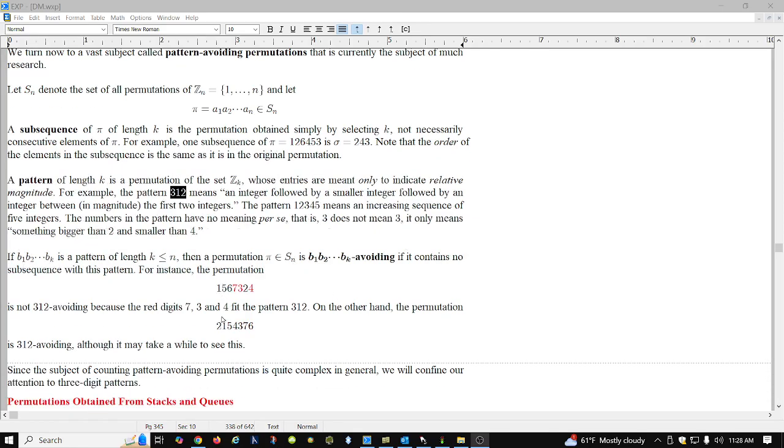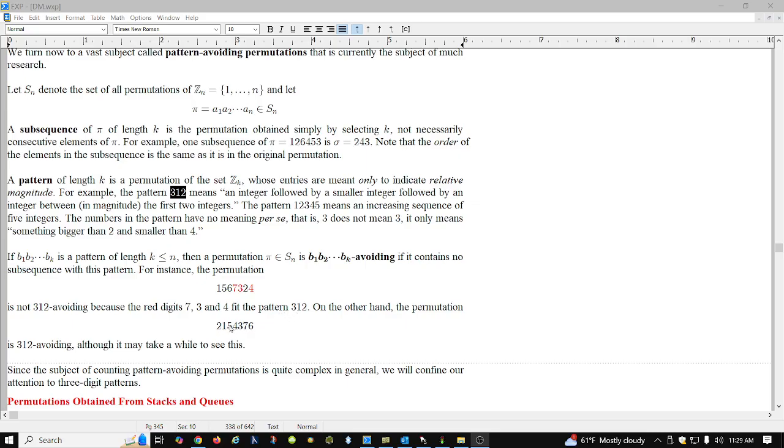So for example, this permutation 1, 5, 6, 7, 3, 2, 4, if you look at the 7, the 3, and the 4, you will find an integer followed by a smaller integer followed by an integer in between. And so this permutation is not 3, 1, 2 avoiding, because the 7, 3, 4 fits the pattern 3, 1, 2.